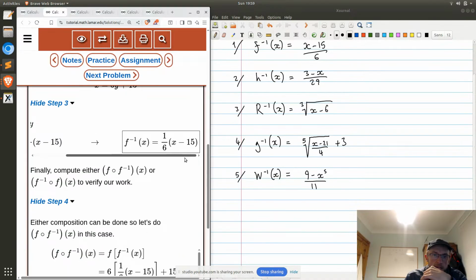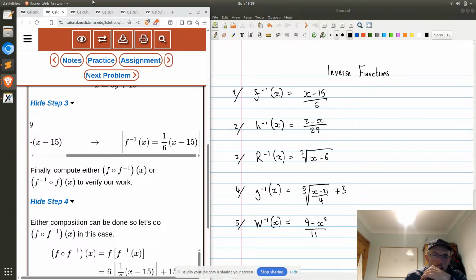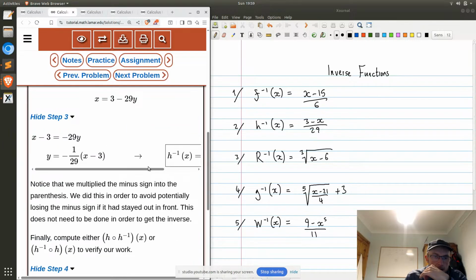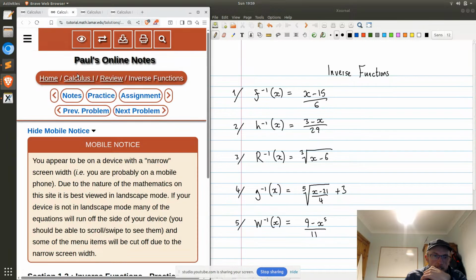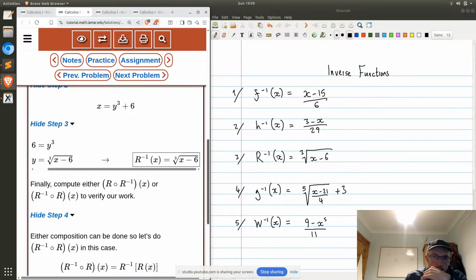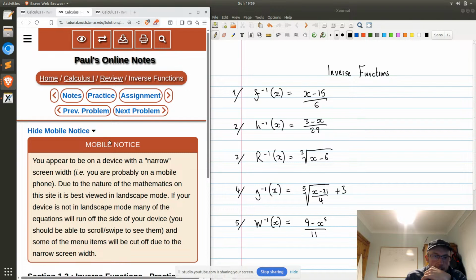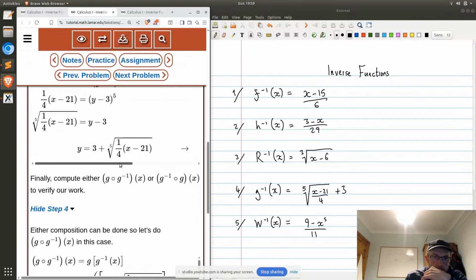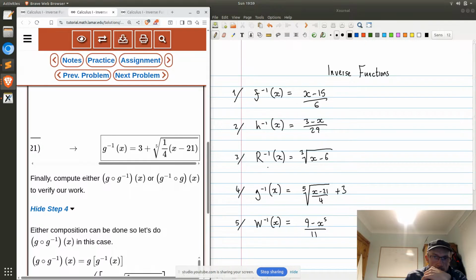Yeah, as stated, I'm not computing the composition. Just a waste of time. That's done. And that's valid. And that's correct. And that's correct too.